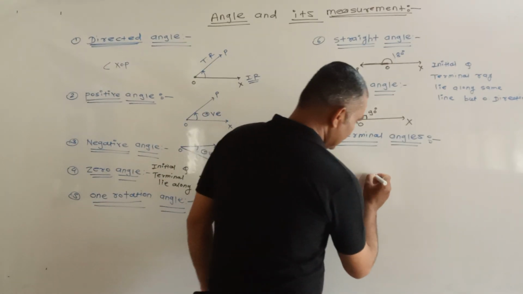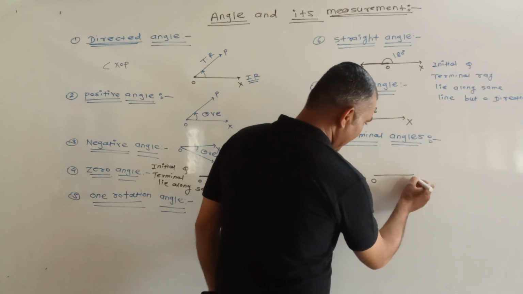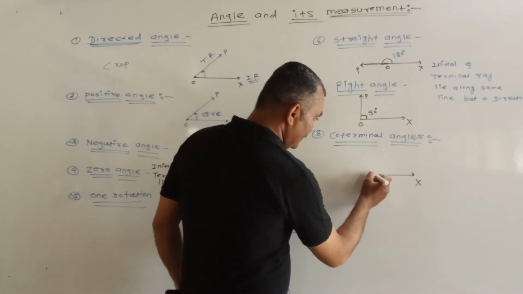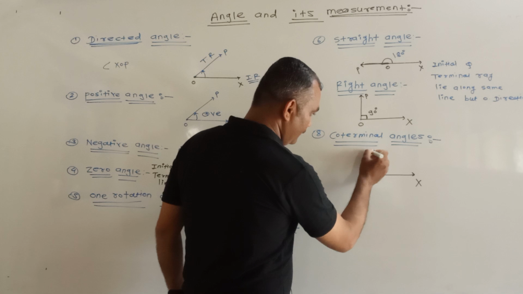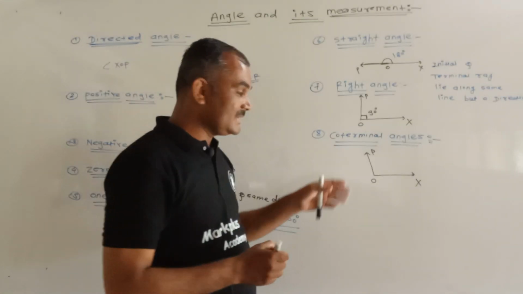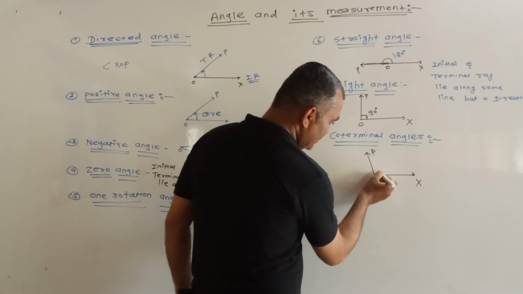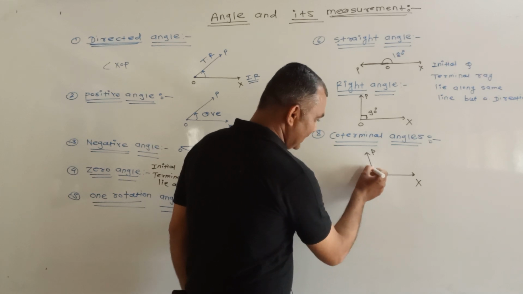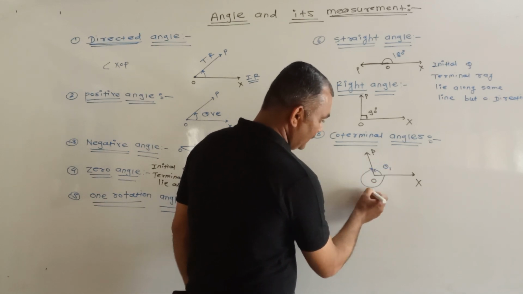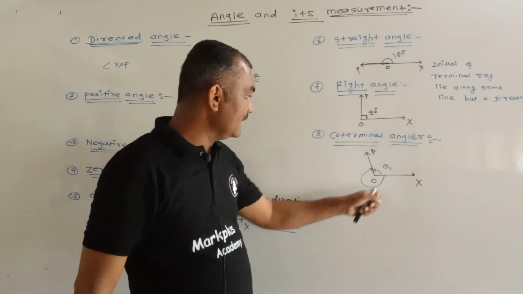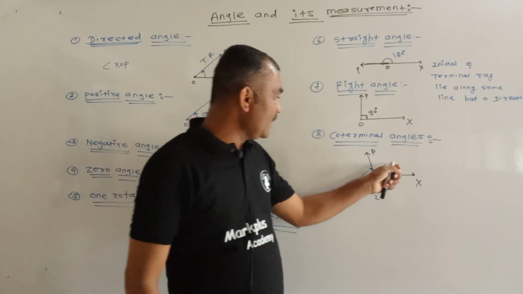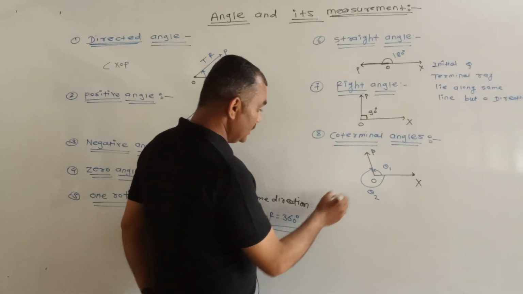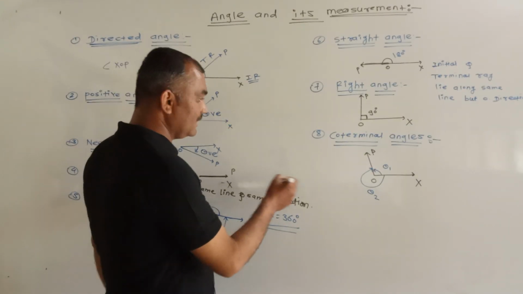Suppose this is your ray OX, and this ray rotates about the point O, and we get the terminal position P. Then you have two types of angles here. One is in the anti-clockwise direction and another is in the clockwise direction. Suppose this angle is θ1 and this angle is θ2. These two angles are called co-terminal angles. When are two angles said to be co-terminal?